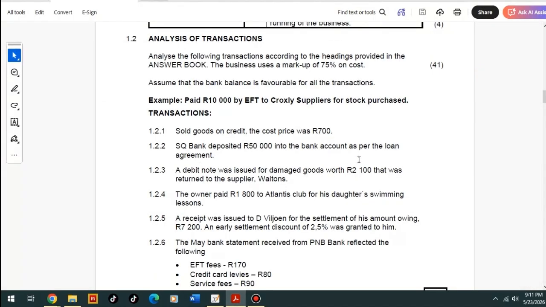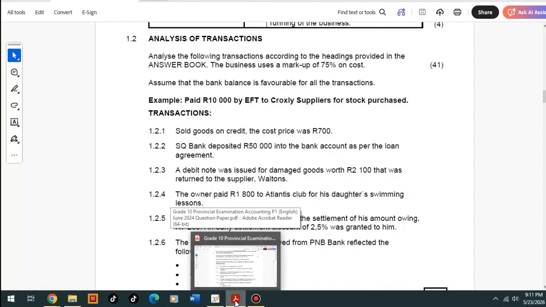The next question is a debit note. A debit note was issued for damaged goods worth 2,100 rands that were returned to the supplier. So a debit note is issued when you are returning goods to a supplier. It accompanies the goods that are being returned to the supplier. Meaning that the trading stock is going to decrease, because you bought the goods and then you discovered that the stock is damaged.